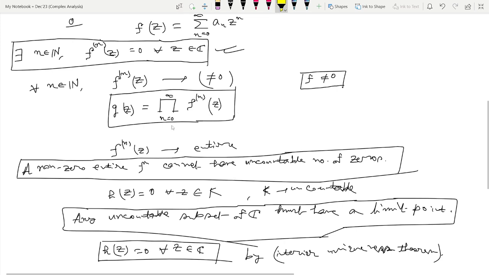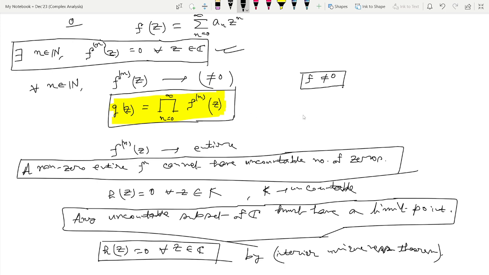Now look at this function g(z). We have assumed that all such f_n(z) are non-zero, because if some f_n(z) is 0 for some n, then our result is already established. So we assume that all such f_n(z) are non-zero. These are entire and non-zero, so they all have a countable number of zeros.